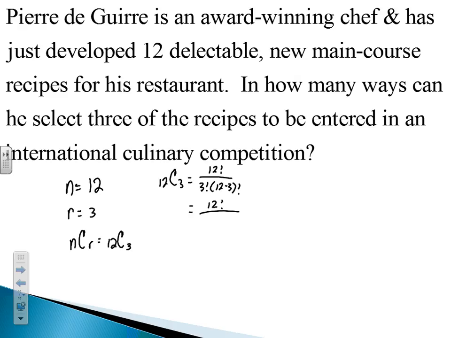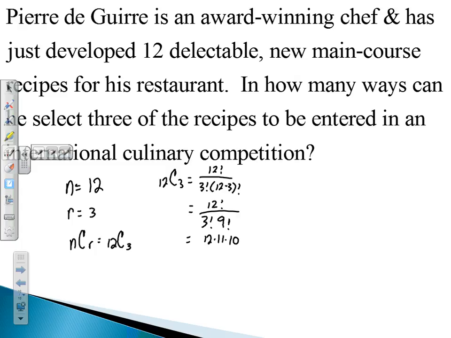Simplify the denominator, and we're going to get 3 factorial times 9 factorial, and because 9 is bigger than 3, when I expand out the numerator, that's where I stop. 12, 11, 10, times 9 factorial over 3 times 2 times 1 times 9 factorial, so the 9 factorial simplifies.